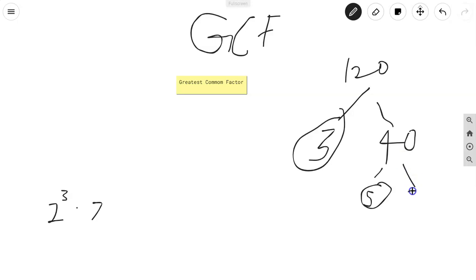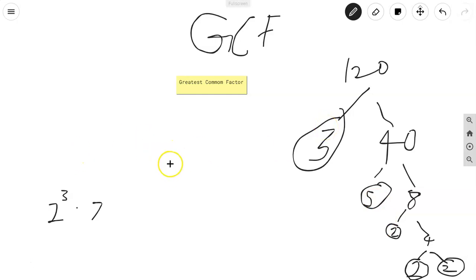And now we have 8. And 2. And 4. And 2. And 2. Well, I haven't got much space, but you can see the factorization is 3 times 5 times 2 times 2 times 2.